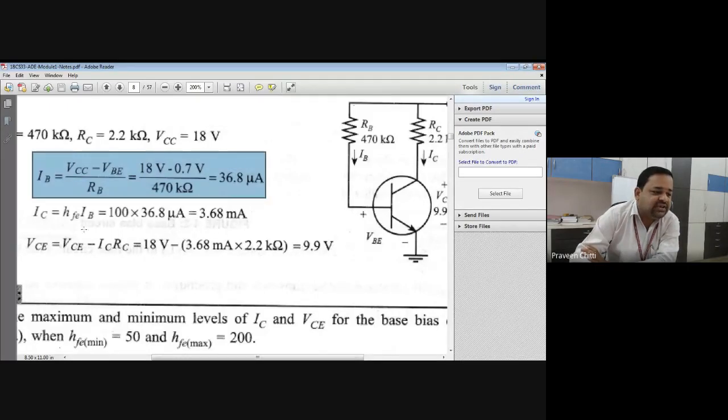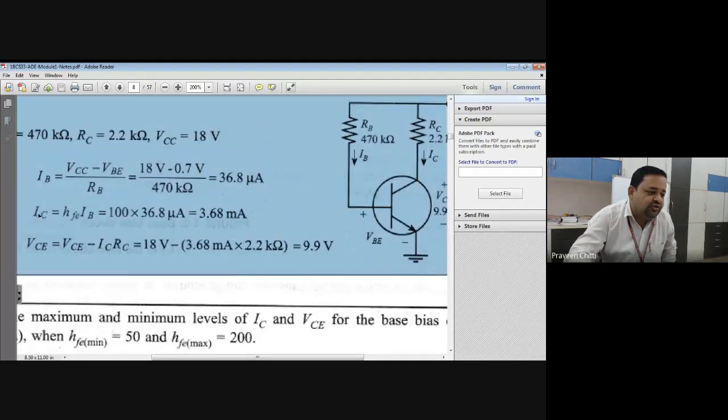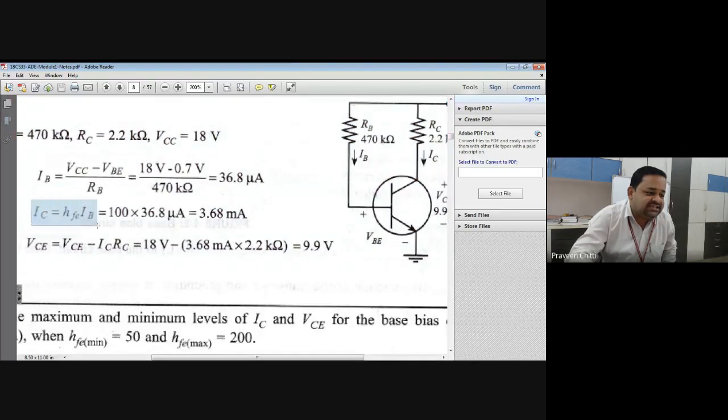How do you get IC now? I already told you. What is the relationship between IC and IB? IC is equal to beta times IB. But here beta they have denoted by HFE. So you can write IC as HFE into IB or beta into IB.